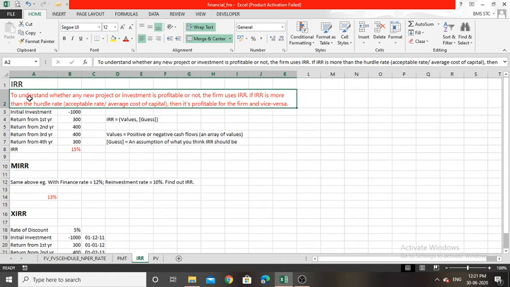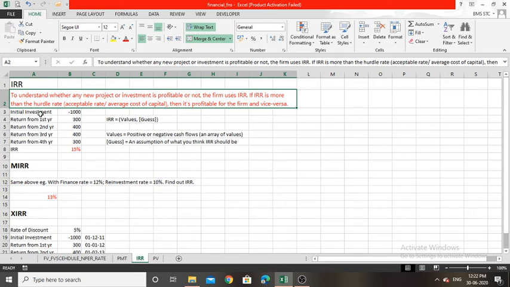IRR can be used to understand whether any project or investment is profitable or not. The firm uses IRR. If IRR is more than the hurdle rate, that is the acceptable rate or average cost of capital, then it's profitable for the firm and vice versa. So we will just use IRR to find out whether the project investment is profitable or not.